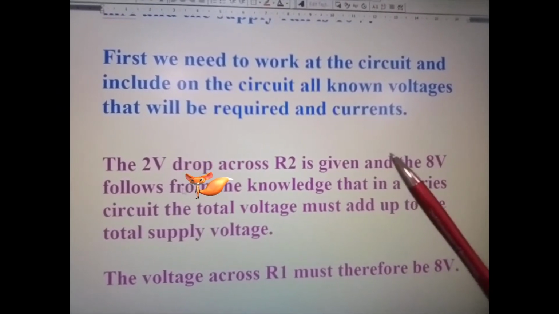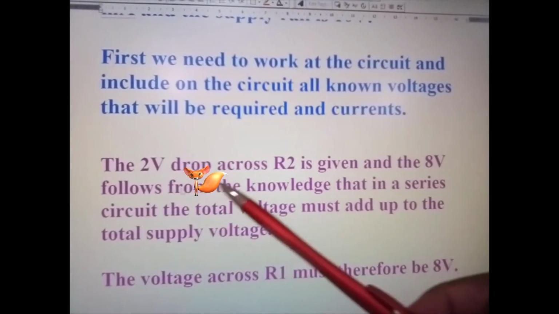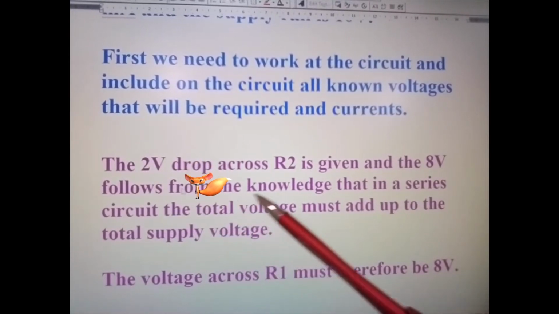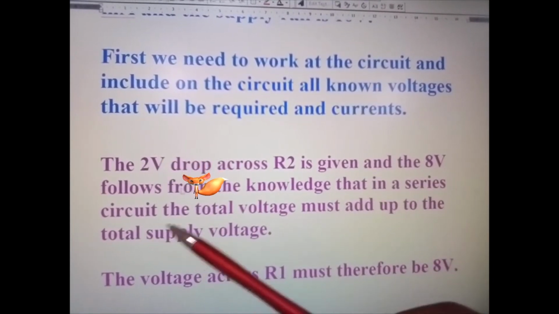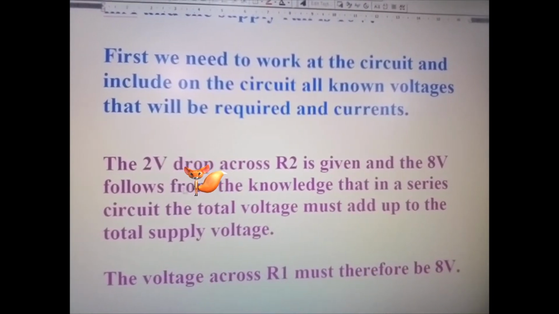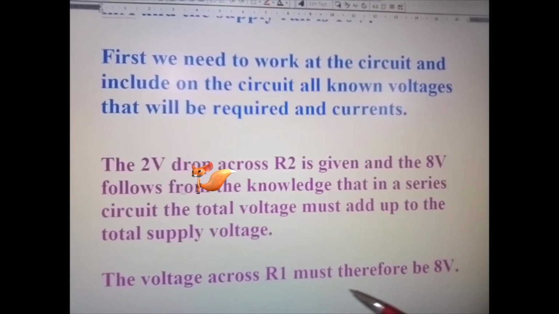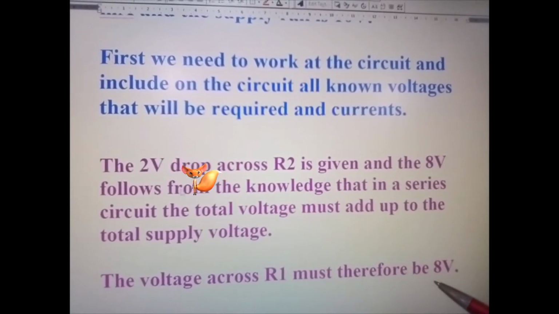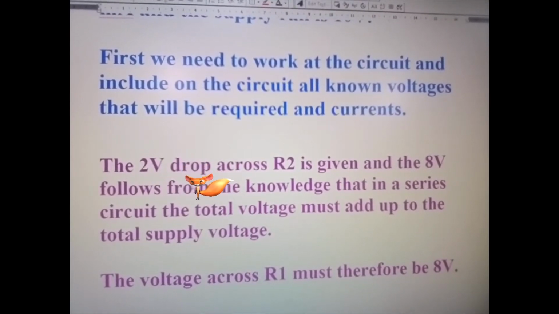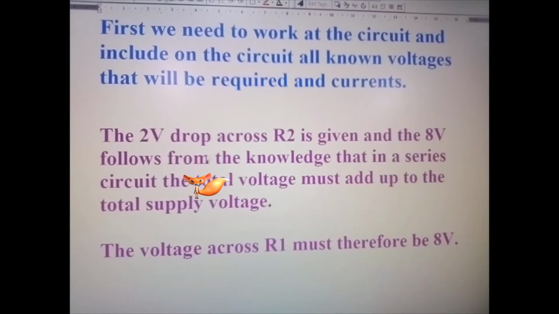The voltage across R1 must therefore be 8 volts. That is done by Ohm's law deduction. Simple as that.